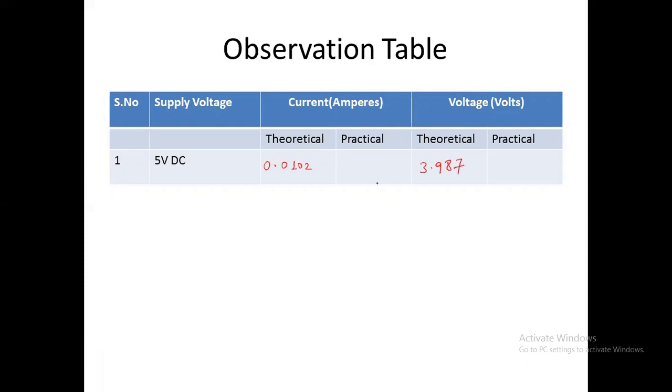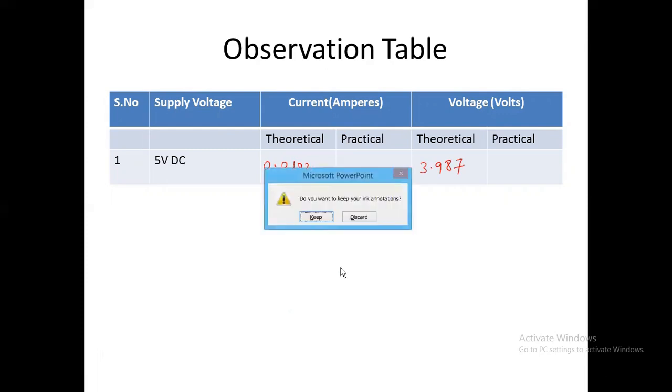We'll come back to this slide after doing the SEQUEL simulation. We'll simulate that in the SEQUEL file and obtain the current as well as the voltage across the 390 ohm. Now let's go to the SEQUEL app.